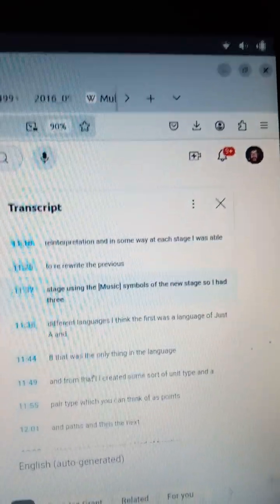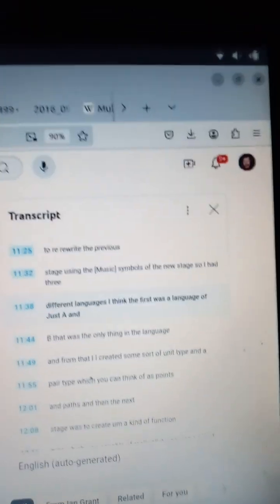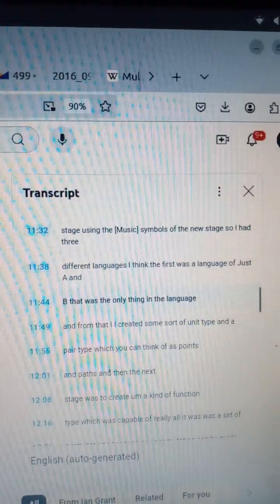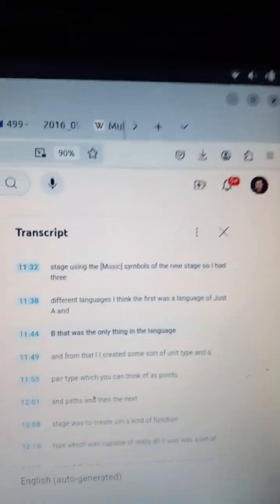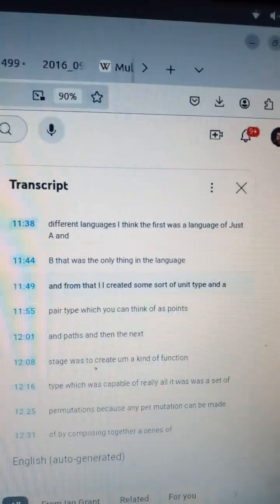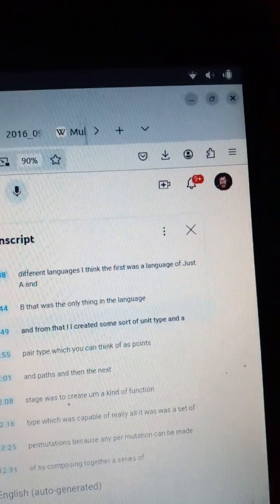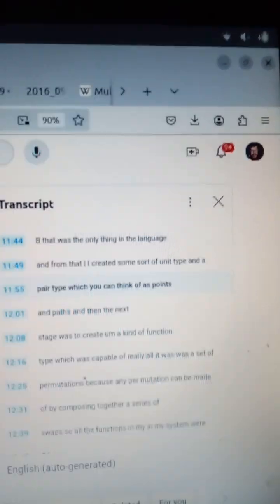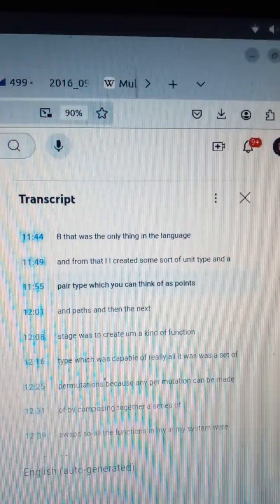So I had 3 different languages. I think the first was a language of just A and B. That was the only thing in the language. And from that I created some sort of unit type and a pair type, which you could think of as points and paths.